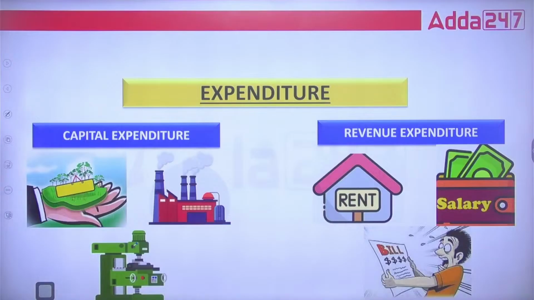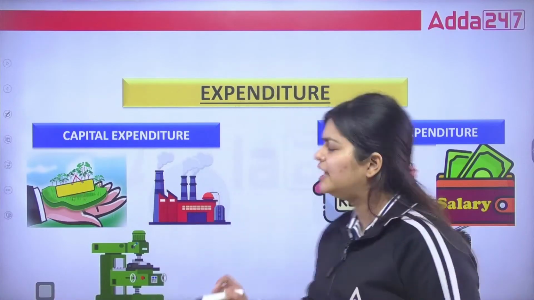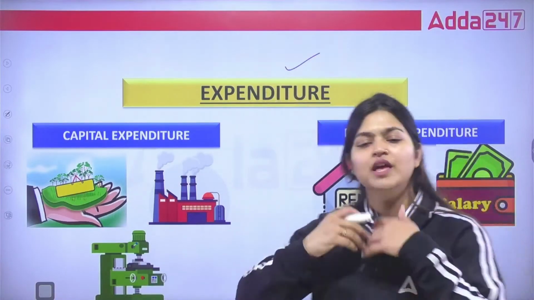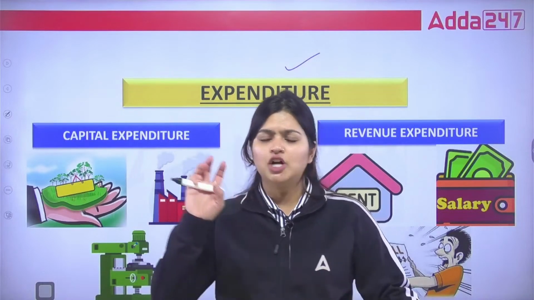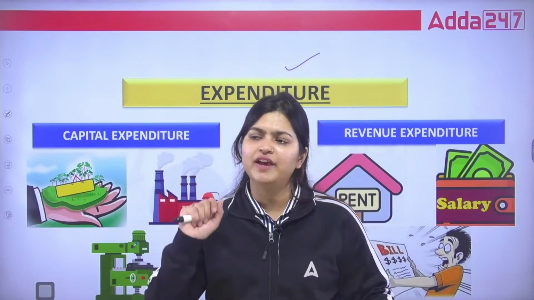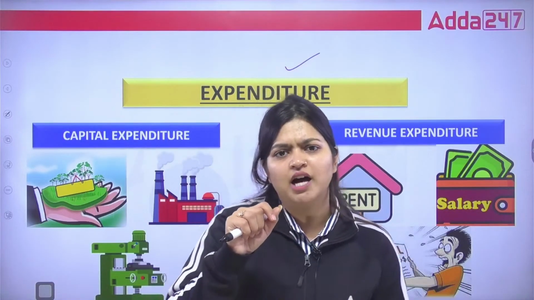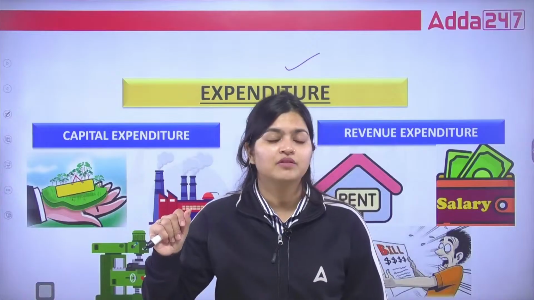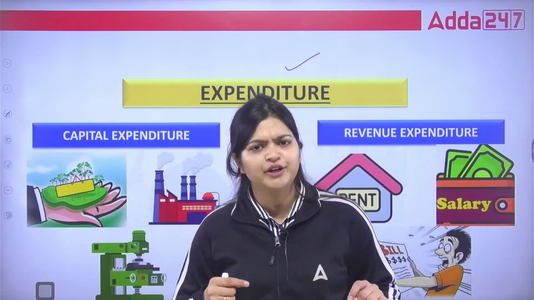Now, next, we have seen that we now know the expenditure meaning. This is our expenditure, means we are doing some payments. But based on the nature, benefit and the effect on the revenue earning, we have seen some benefits are given immediately, whereas some will give you the benefit for a longer period of time.